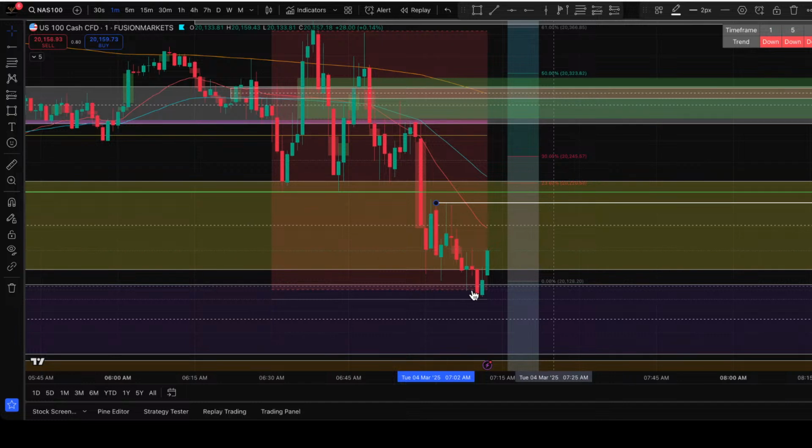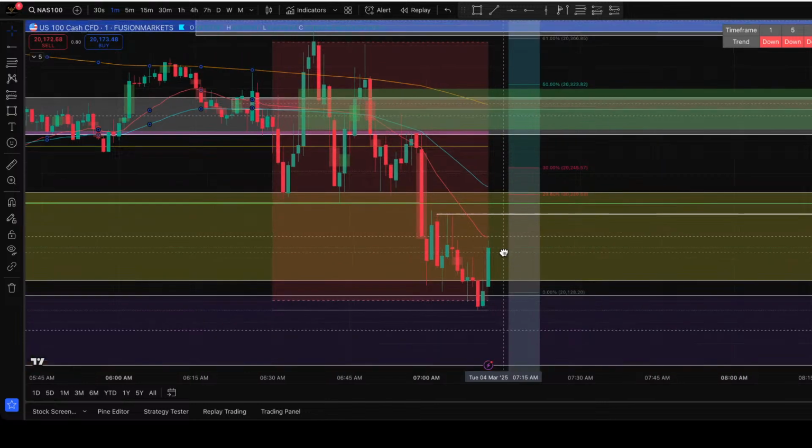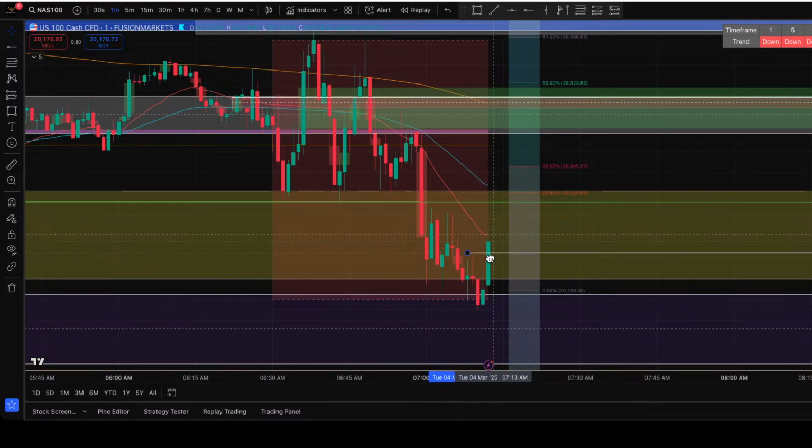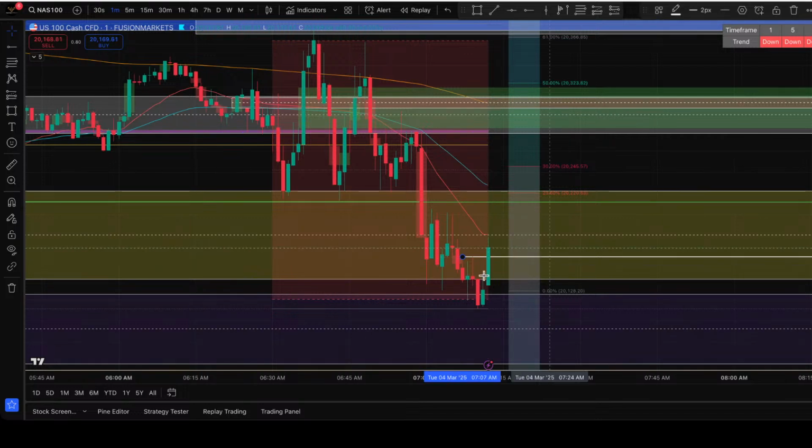Maybe this could be, our inducement's also moved. It's now down here, so it's taken inducement. Right there. Now let's see if it leaves anything open here. Touching the 20, 22 seconds left.